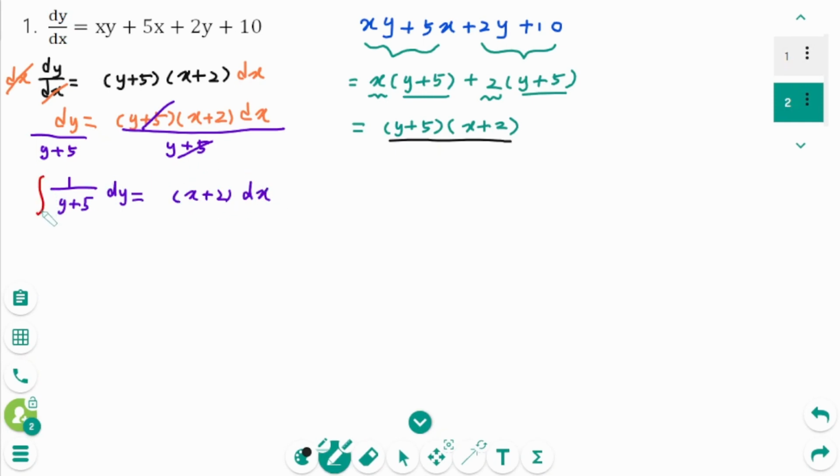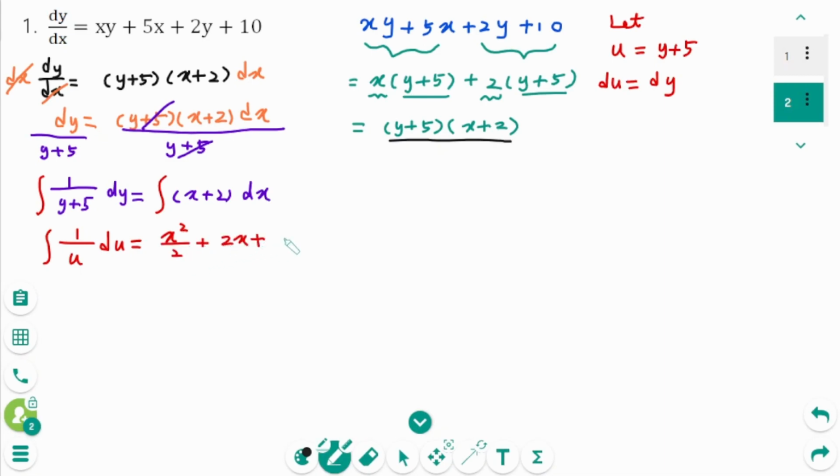Then integrate both sides. On the left, let u equal y plus 5, derive on each side, du equals dy. Then back to the original, integral of 1 over y plus 5 is u, then du is dy, equals x squared over 2 plus 2x plus c.